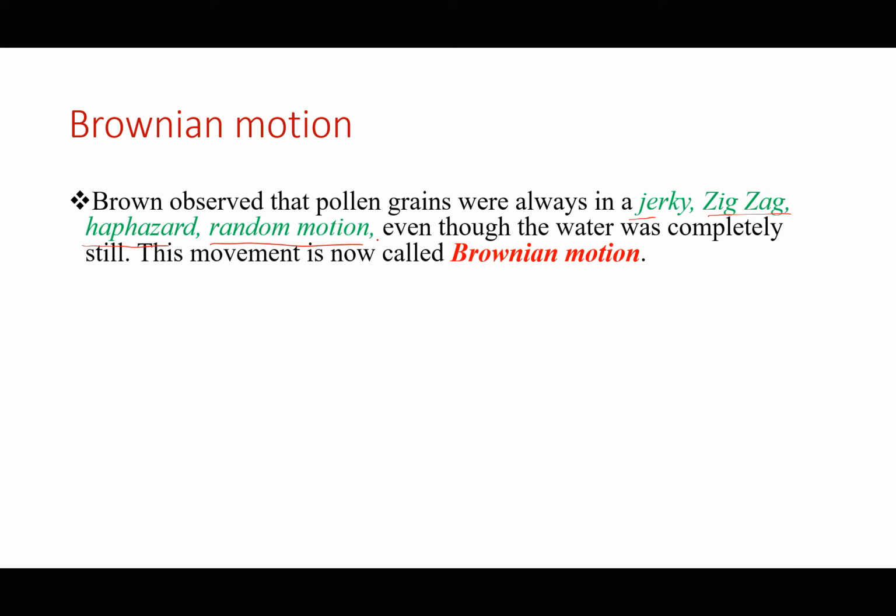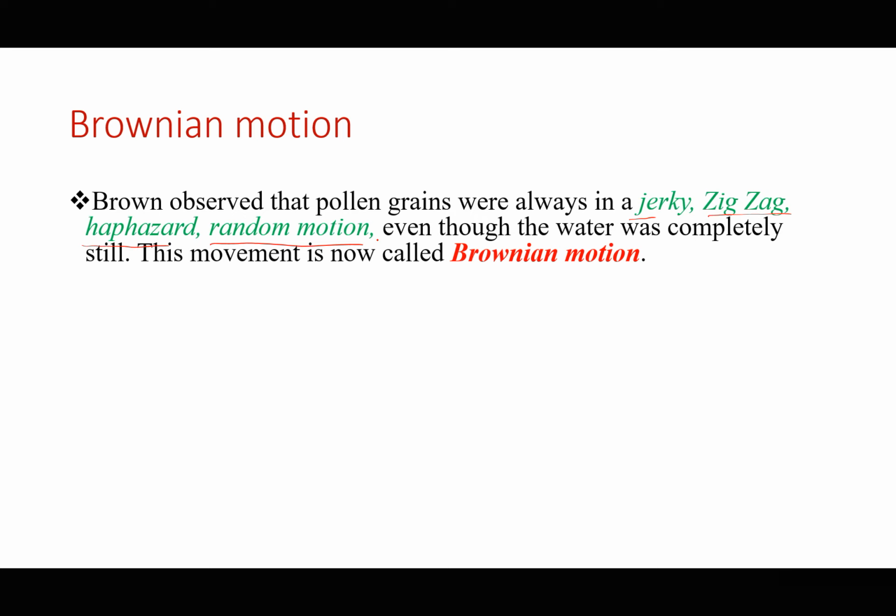Just get a flower and try to shake the flower on top of the water in a cup. If you were to view the pollen grains which have fallen on the water under the microscope, you would see them moving haphazardly or in a zigzag fashion. This is what we call Brownian motion.